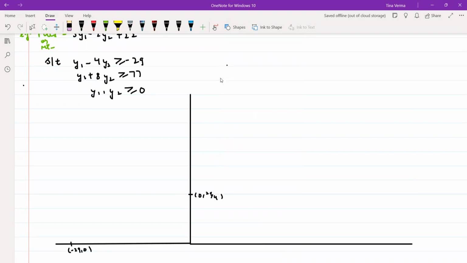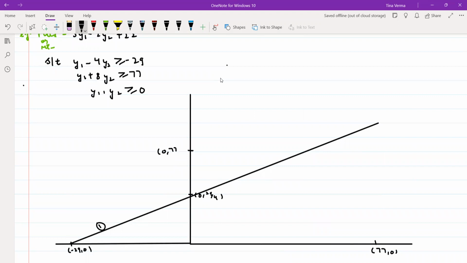These are the points which I got from the first constraint. So this line will be my first constraint line, and from here we got 77, 0 and 0, 77/8. And obviously here you are taking your x2 and here you are taking x1. I can join them via line, and that is nothing but my second constraint.